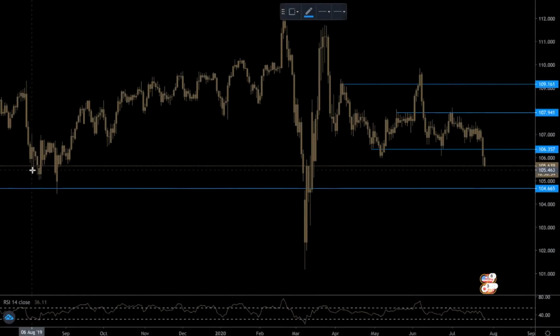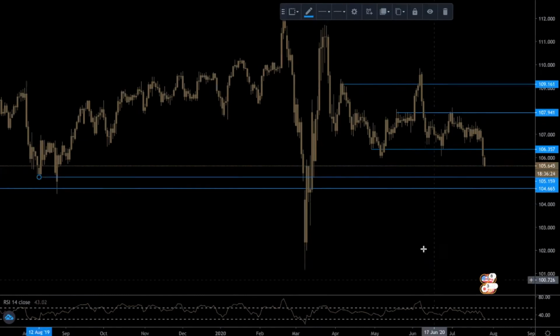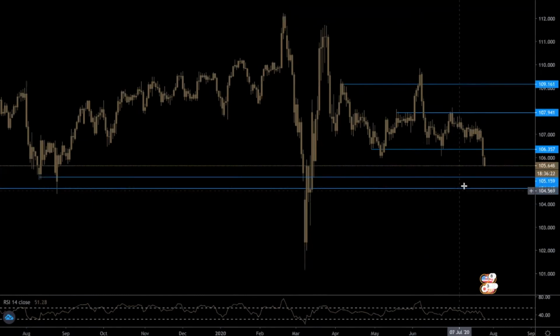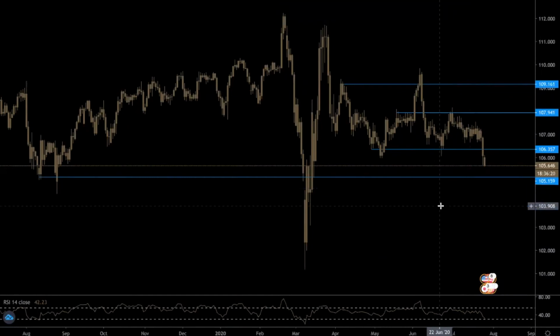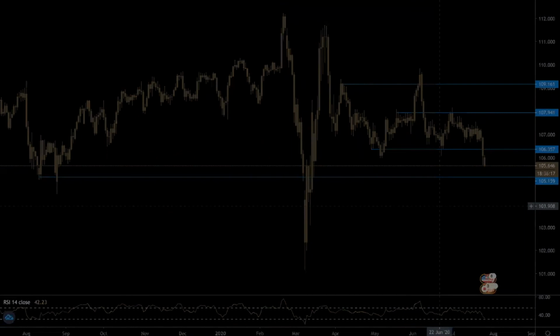See these closes right there, and then the closes over here. That's going to be what I'd be looking at here. And that's going to give us 105.2 almost. So that's kind of the next area I'd be expecting UJ to go, just in its free falling motion with the dollar right now.